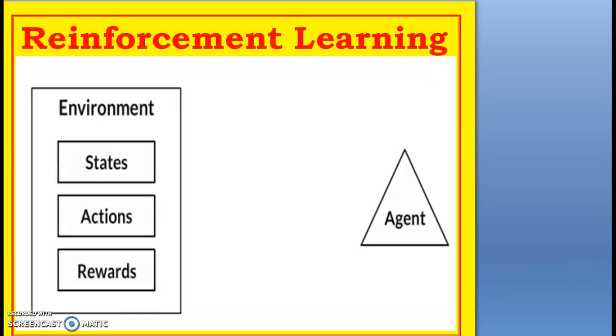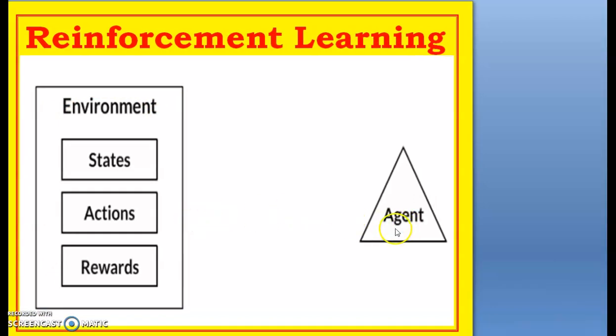In machine learning, the third category is reinforcement learning. Reinforcement learning is learning from errors. So here we have an environment and another term, the agent. In the environment, we have states, actions and a reward.